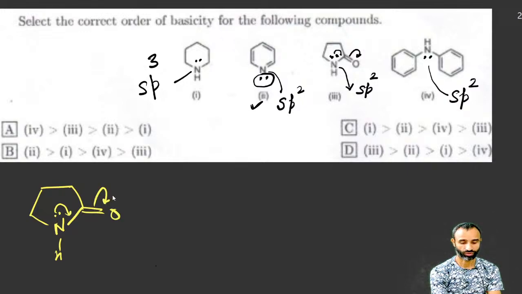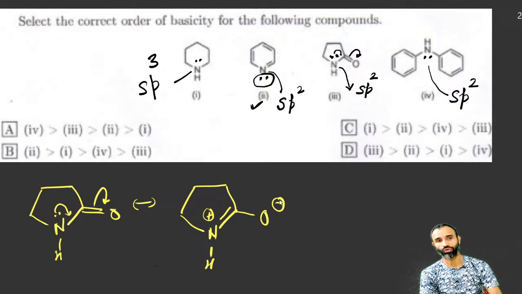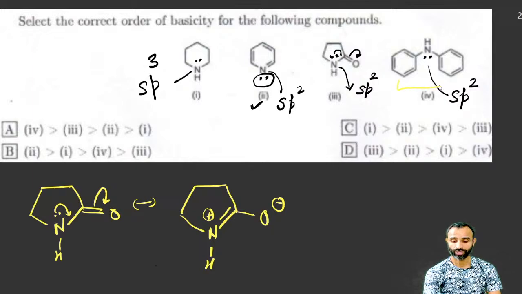And you know, when there is resonance, negative charge is on oxygen, which is more feasible, more probable, so it should be more electron withdrawing. Okay, and in the fourth case, this is a case of cross conjugation.